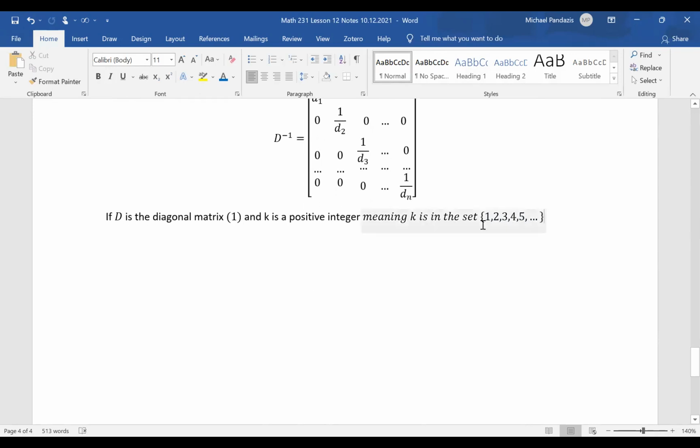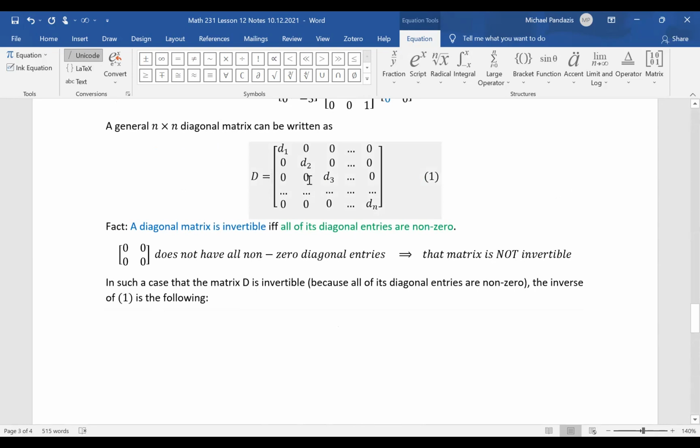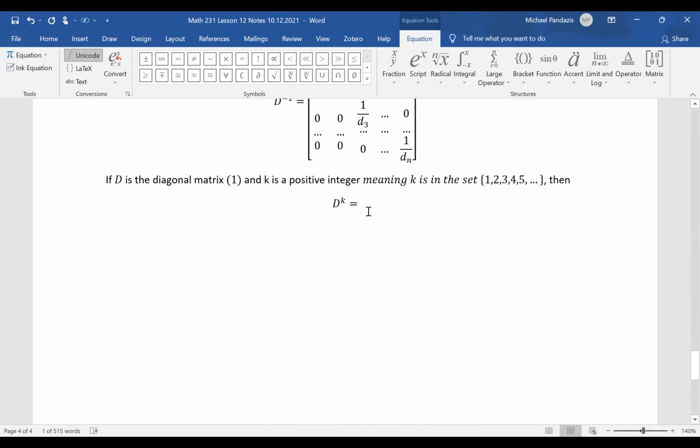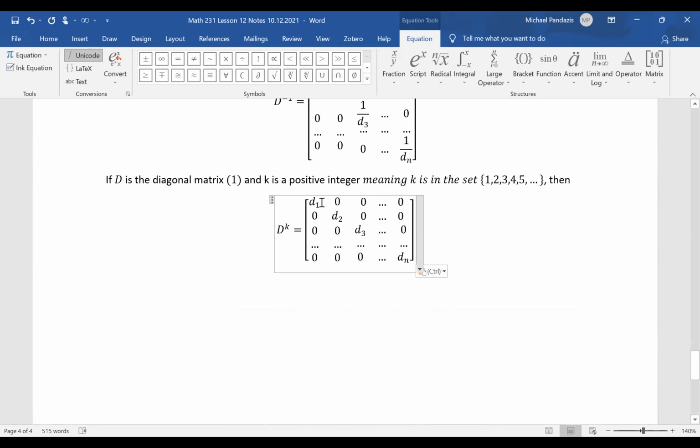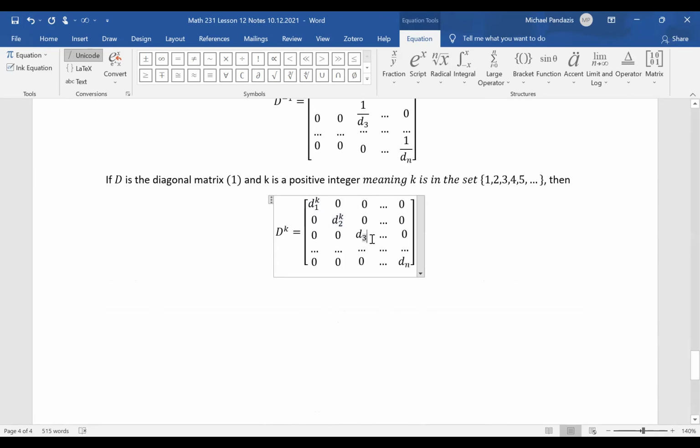So if D is a diagonal matrix and K is a positive integer, then D to the K, meaning the kth power of D, is equal to the following matrix. You just take the entries on the main diagonal and raise each to the kth power. So it's D1 raised to the kth power, D2 raised to the kth power, D3 raised to the kth power, dot, dot, dot, D sub n raised to the kth power.